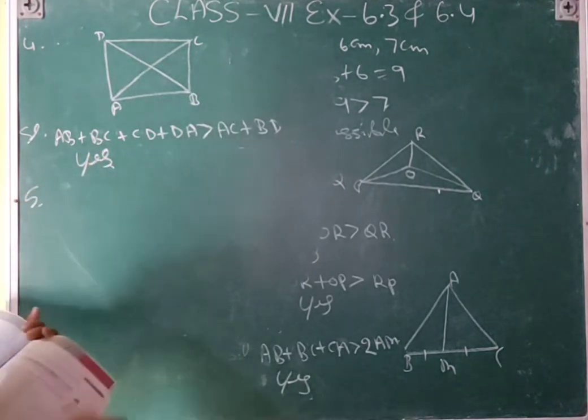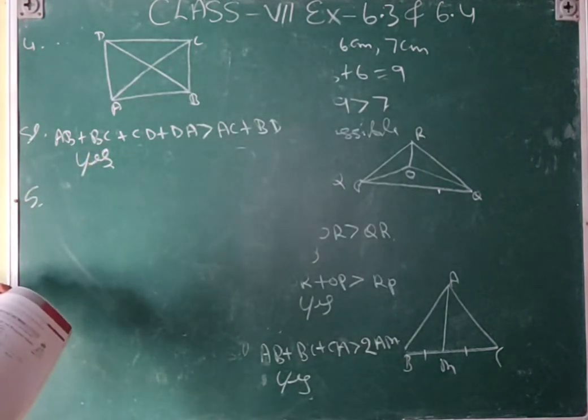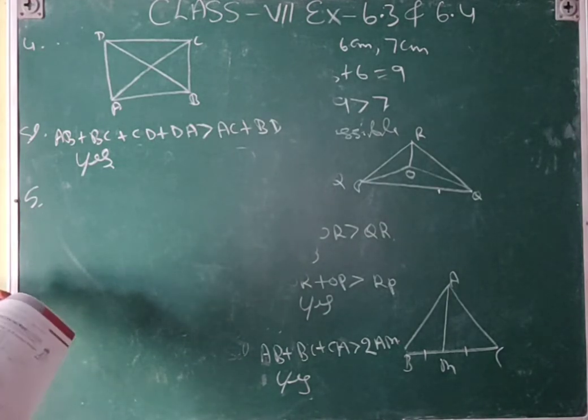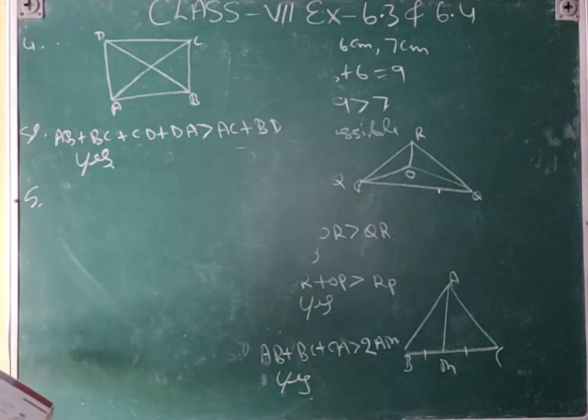Fifth question: ABCD is a quadrilateral.